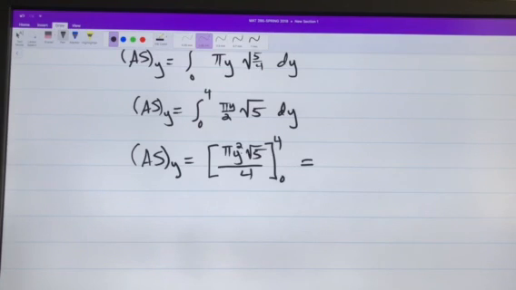So 4 squared is 16, divided by 4 is 4. And so the area of surface generated about the y-axis ends up at 4 pi times the square root of 5. In the next case, I will show you what would happen if you integrated with respect to x.